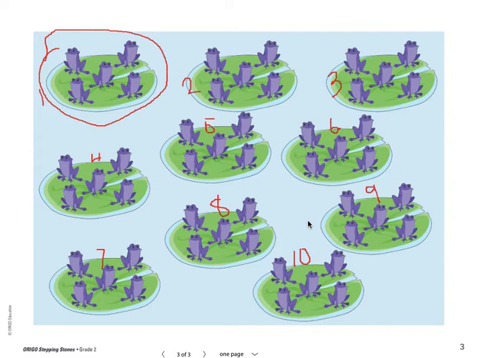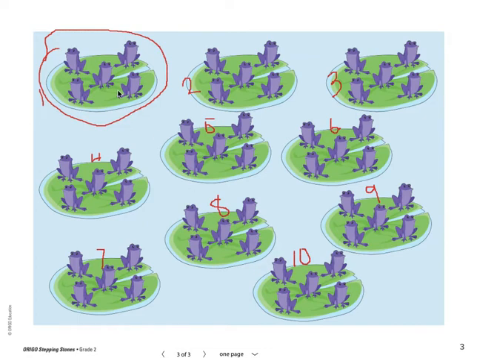I'll tell you what I'm going to do. I'm going to skip count because I know we all know how to skip count by the number 5, right? We've done that a lot in the classroom. I'm going to skip count 10 times the number 5.